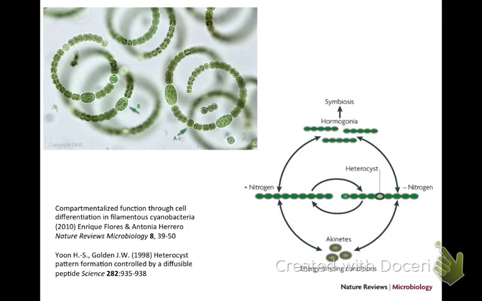Well, let's look at an example of how these types of site-specific recombinations really change the fate of some of these organisms in the environment. So in this picture we're looking at an organism called Anabaena.